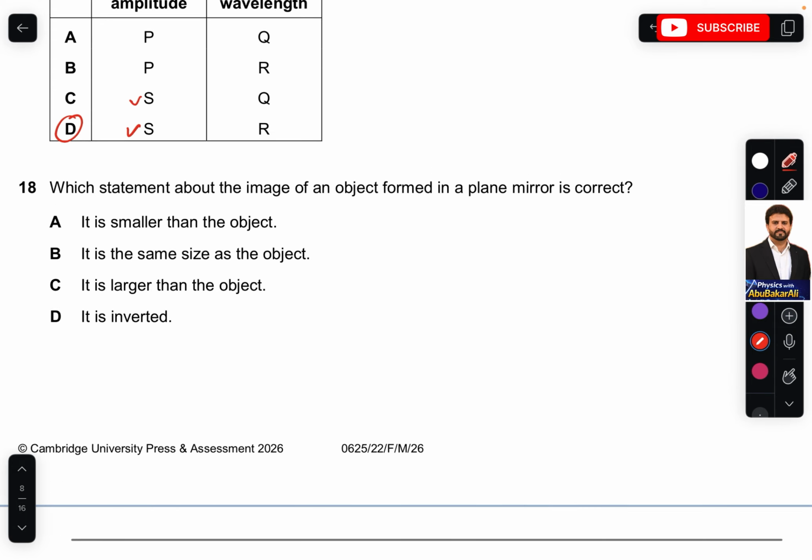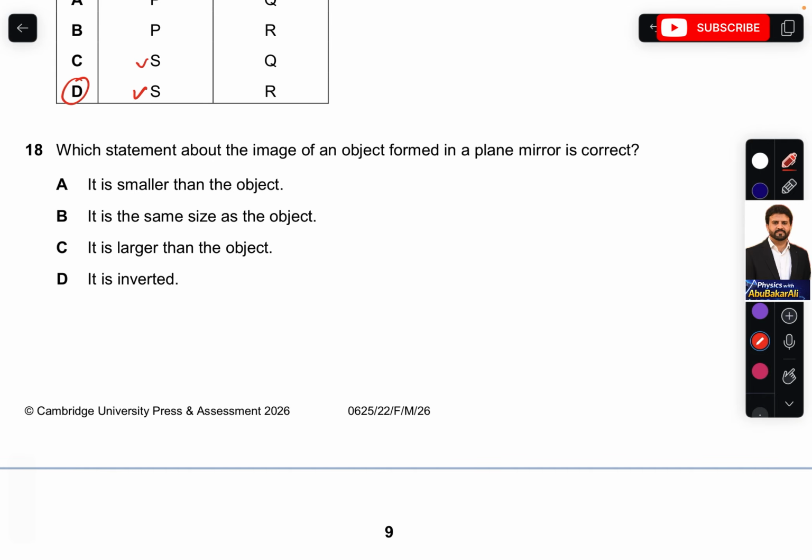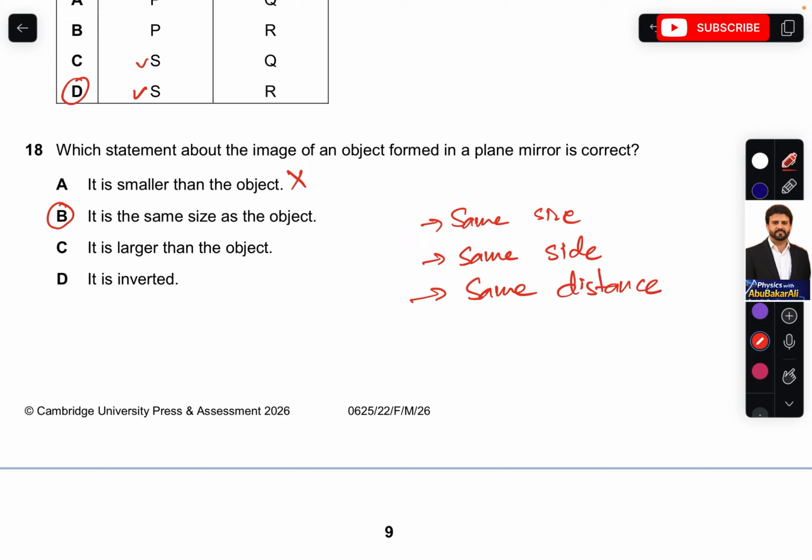Moving forward, which statement about the image of an object formed in a plane mirror is correct? It is smaller than the object. No. It is the same size as the object. Yes. So the image in the plane mirror is the same size, the same distance as well, and it is virtual, it is not real, and it is laterally inverted.